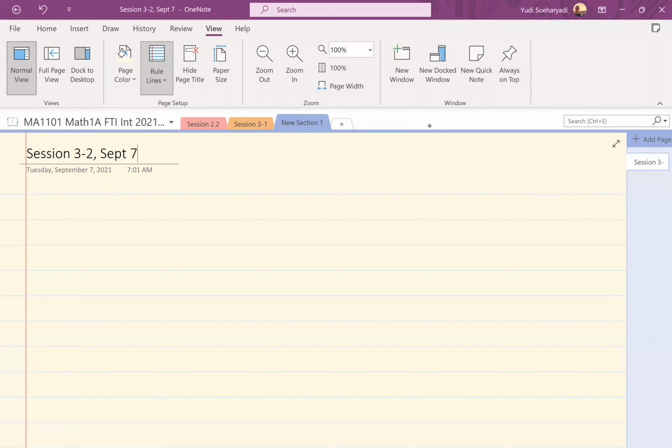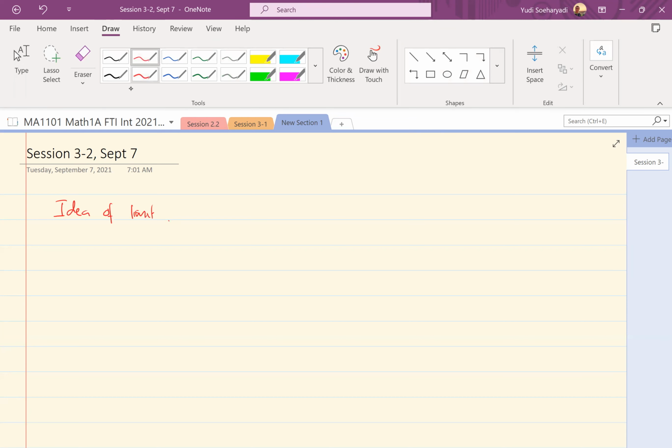Okay, so we start with the limit. All right. I would like you to see these two functions here.